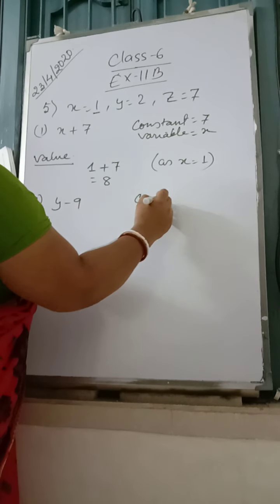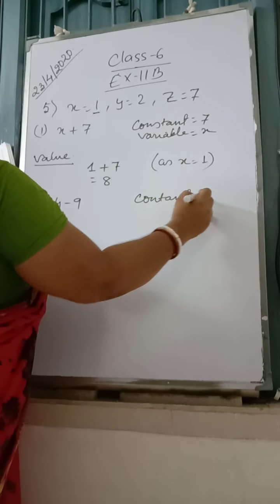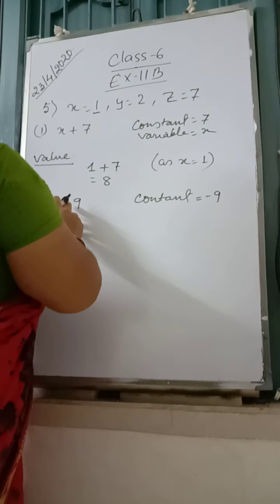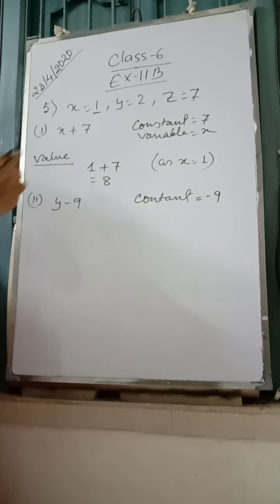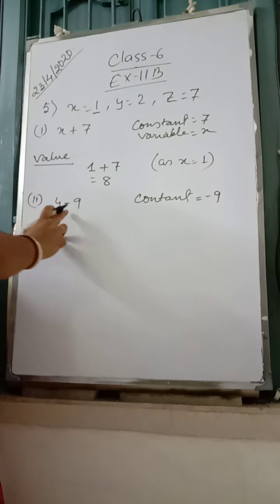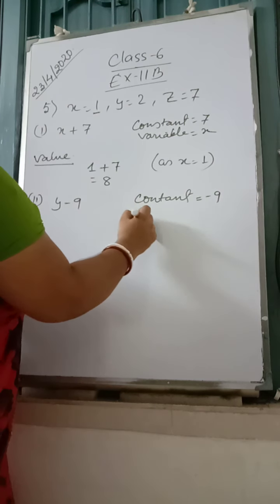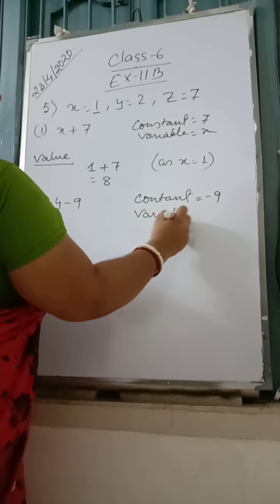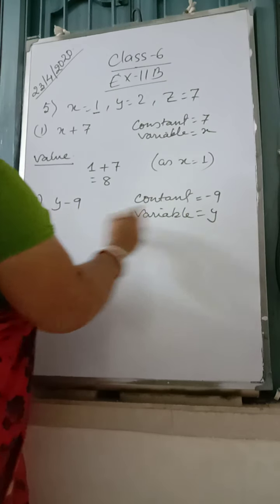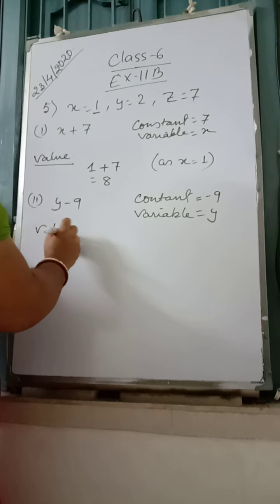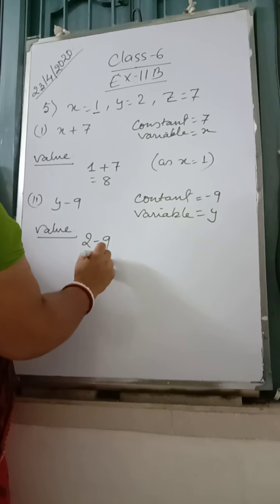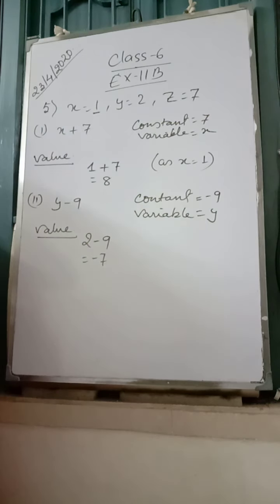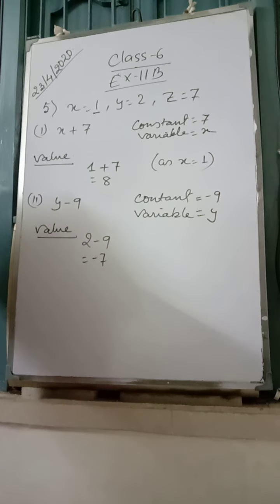So the constant is minus 9. Do not write 9, because for 7 I wrote 7 since before 7 there was a plus. You have learned integers. So minus 9 is a constant and the variable is y. So the value would be, y's value was 2, minus 9 gives you minus 7.